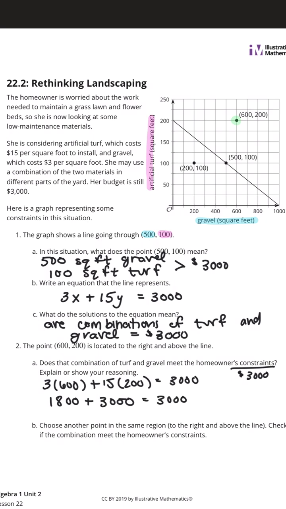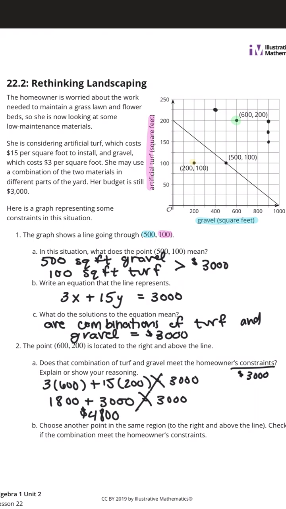That's not equal to $3,000. This ends up being $4,800. So that's over her budget. And if we check any other point up here, all of these points are also going to be over her budget.